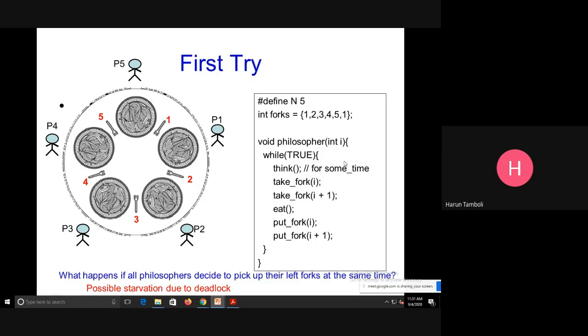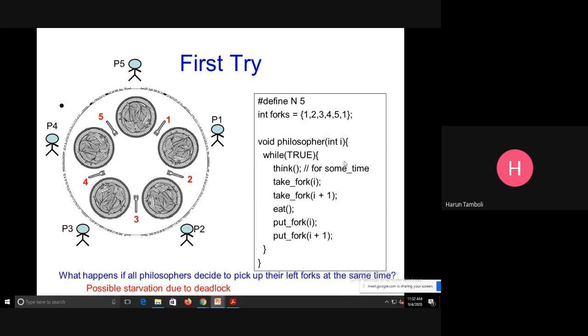So in the first try, what happened? All the philosophers are in the think state. If they are feeling hungry, then they take the first chopstick by calling the function take fork. They take fork of I, that is their right chopstick.